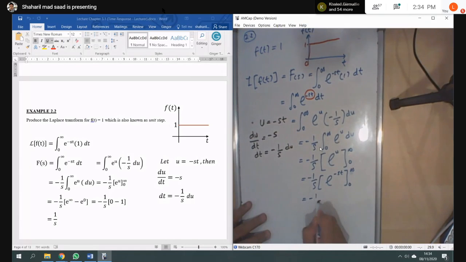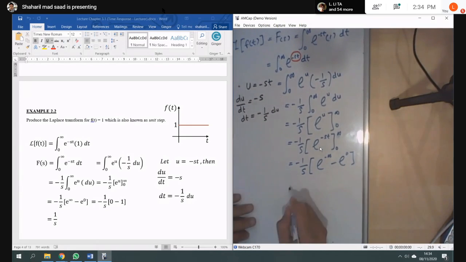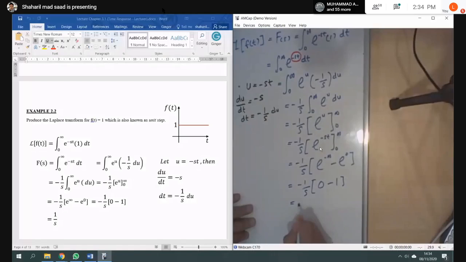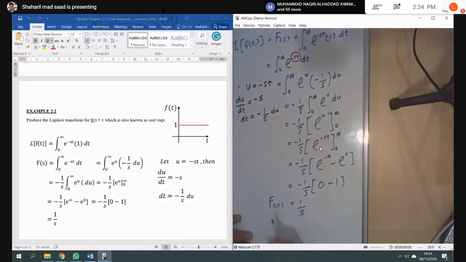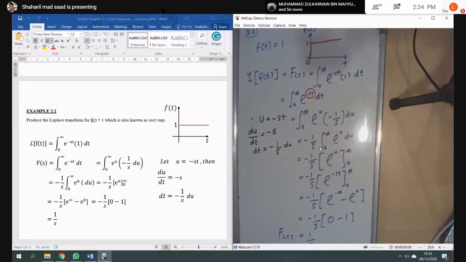Then we can solve it: minus 1 over s times (e^(-infinity) minus e^0). e to the power of minus infinity is 0, and e to the power of 0 is 1. Then the final answer is 1 over s. So when you Laplace f(t) equal to 1, you get 1 over s.